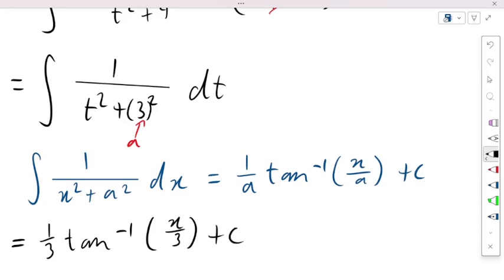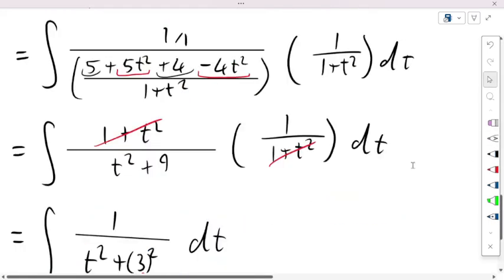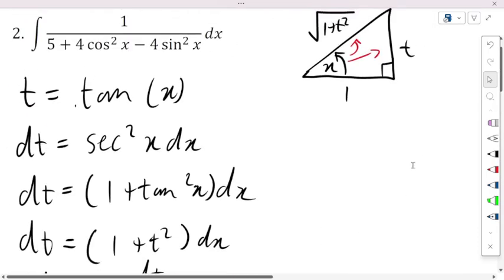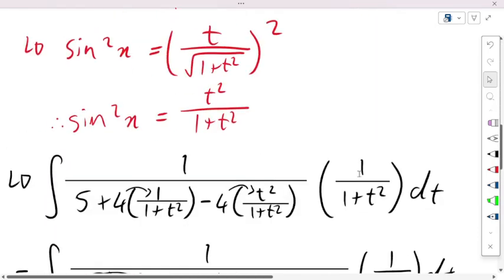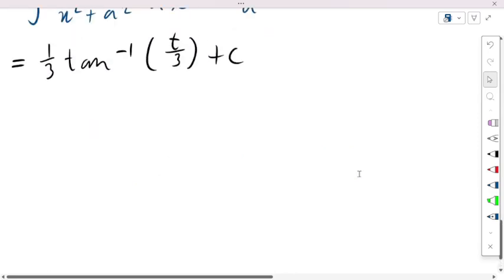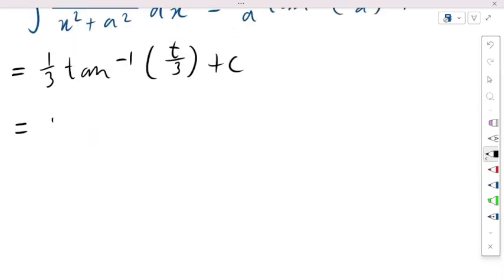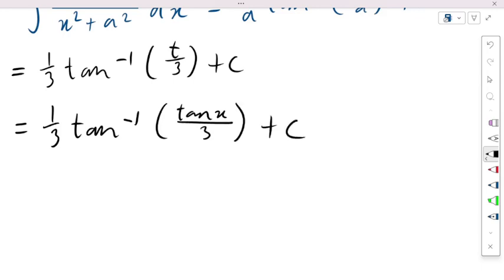But it's not x, I just remembered, sorry, it's t, because our variable is t. And then remember, we let t be equal to tangent of x. So therefore, we are left with a final answer of 1 over 3 arctangent of tan x divided by 3 plus c. And that is our final answer.